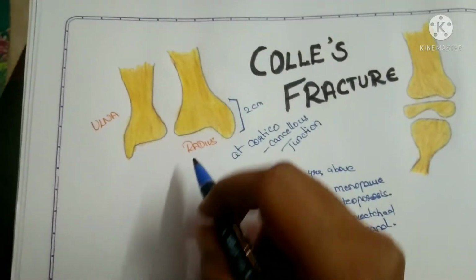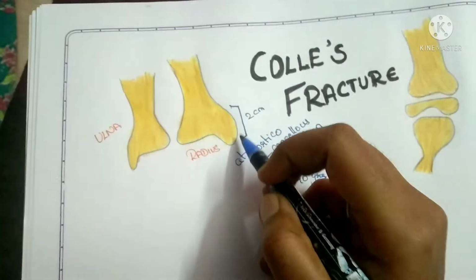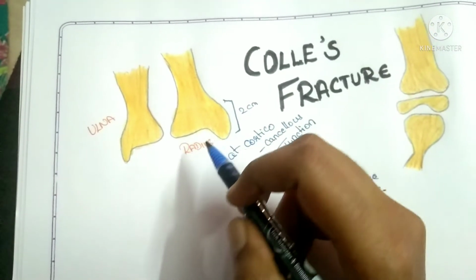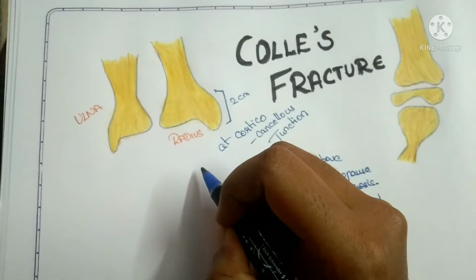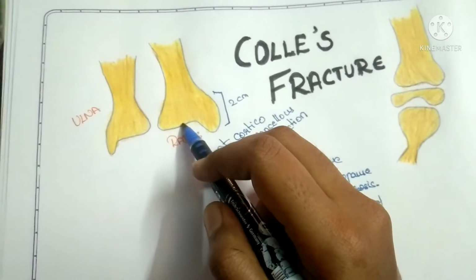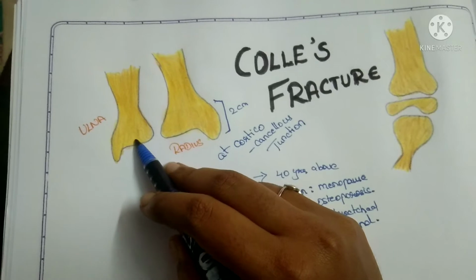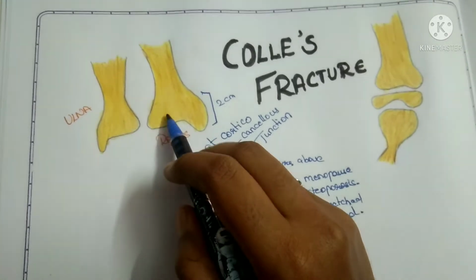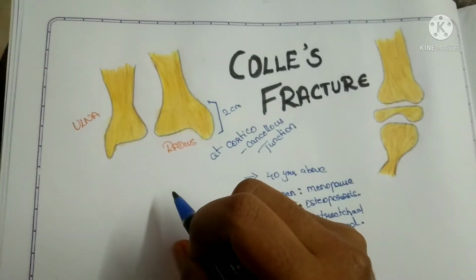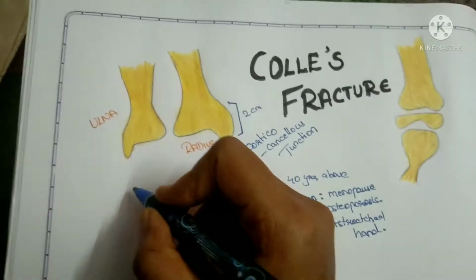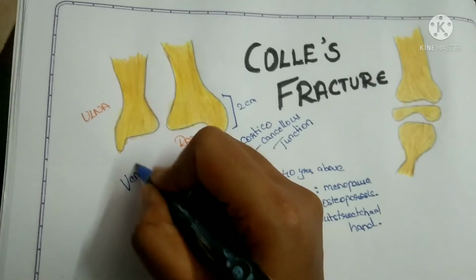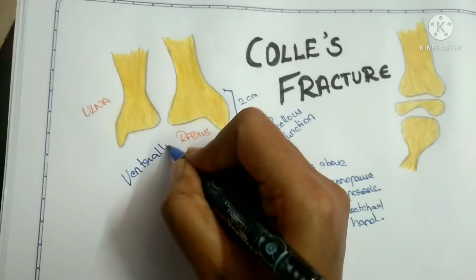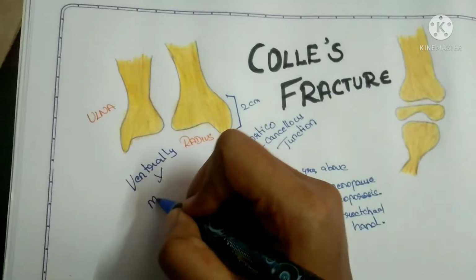Now we'll see a little anatomy of the radius. We know that the radius articulates with the carpal bones to form the radiocarpal joint, and the radius also articulates with the ulna to form the radioulnar joint. The distal radial articular surface faces ventrally and medially.